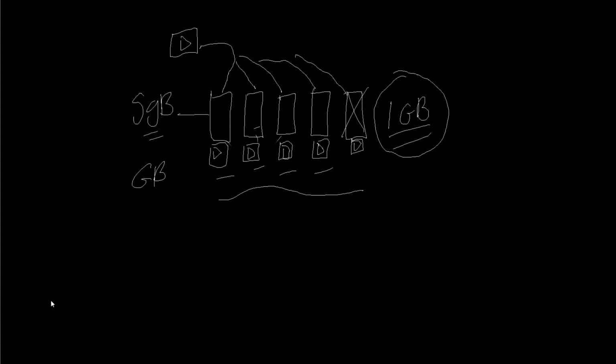So you can use different hard drives that are different sizes, but you're limited to what the smallest one is. So that's the only problem with RAID 1, not RAID 0. So this is RAID 1. The problem with RAID 1 is that you're limited to the smallest size, which in this case is 1 gigabyte. It's pretty straightforward in that sense.